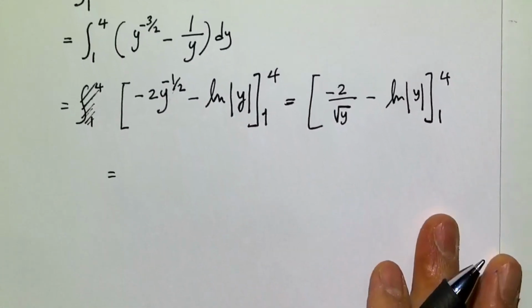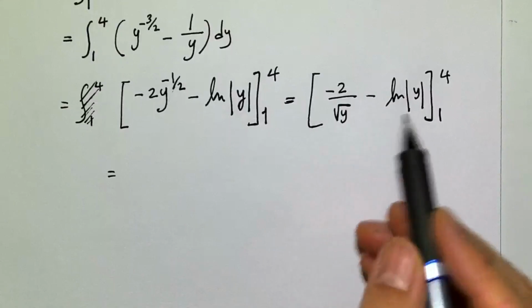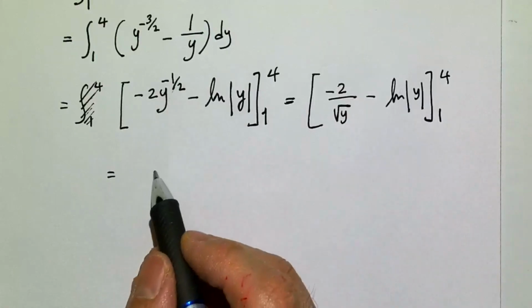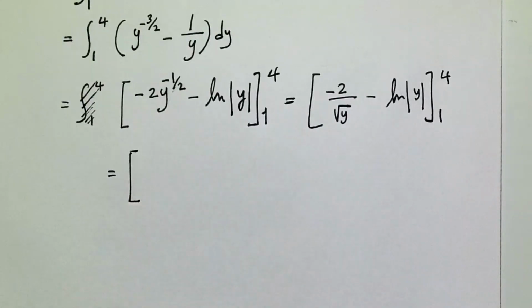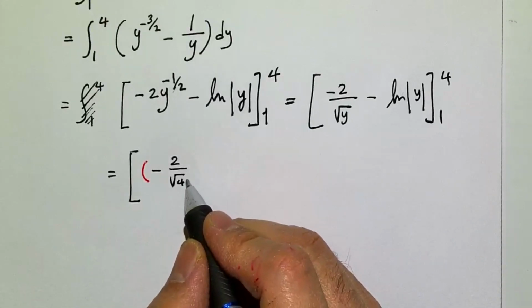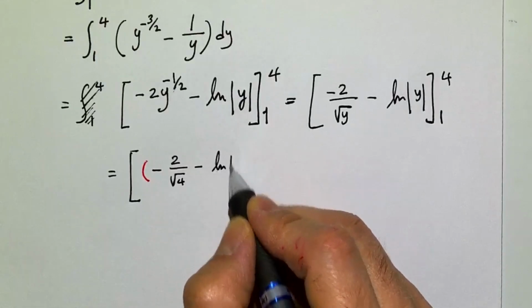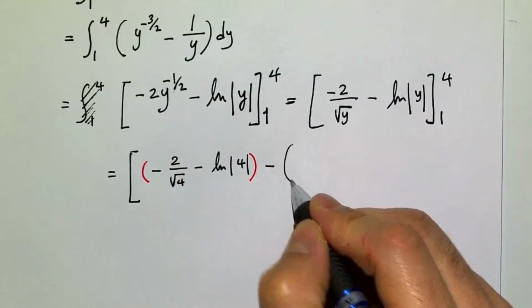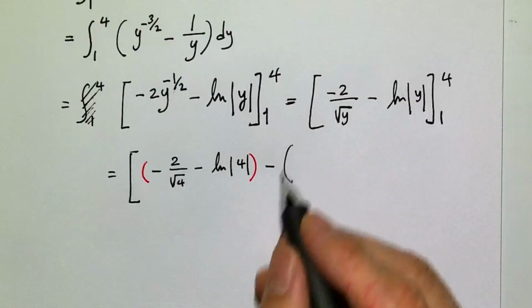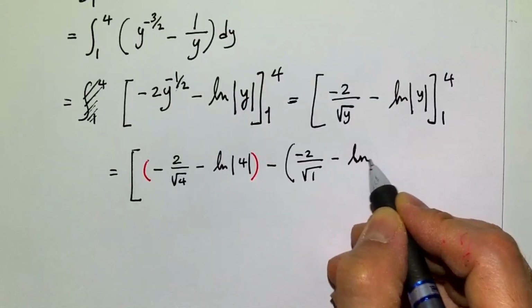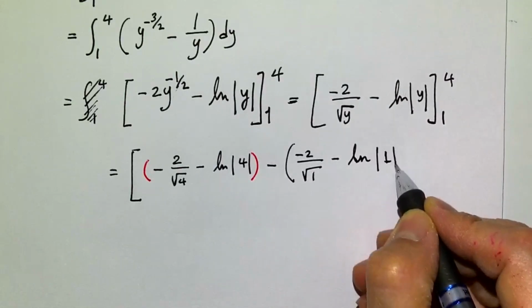All right then. So here, substituting 4 in this expression, then minus substituting 1 in that expression, this is what we have. So we'll get minus 2 over square root of 4, and then minus natural log of 4, minus, so substitute 1 then, minus 2 over square root of 1 minus natural log of absolute value of 1, which is 0, right?